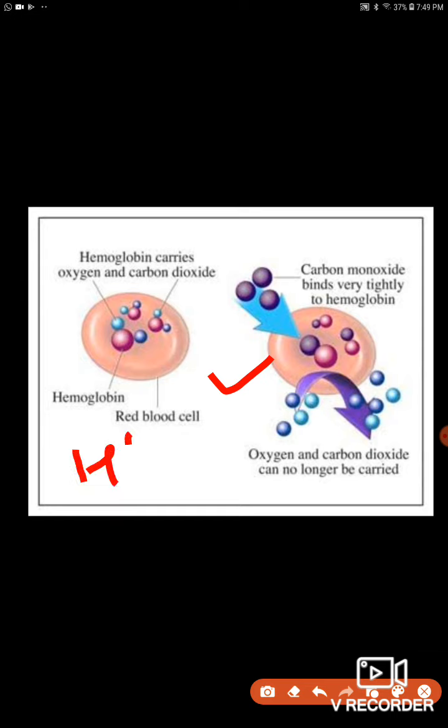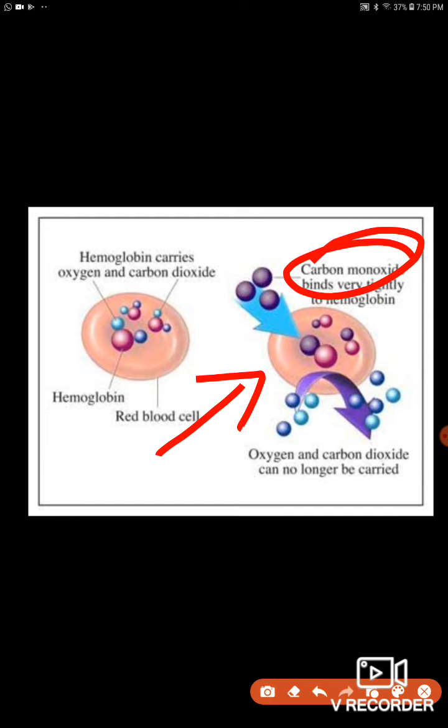It means HbCO. When they bind with carbon monoxide, they form carboxyhemoglobin. What happens to this? If our RBC binds to carbon monoxide, then the capacity of transportation of oxygen is cut down. Less oxygen can bind to this RBC because the place is occupied with carbon monoxide. So this is called carbon monoxide poisoning.